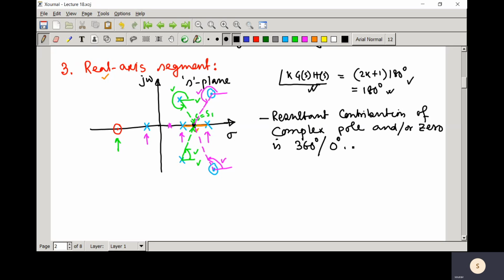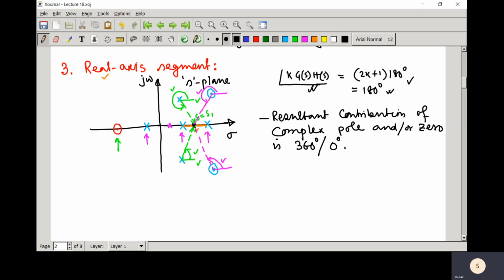So that means if you have complex conjugate poles or zeros, and if you take any point on the real axis, the contribution due to that complex conjugate poles and zeros would be 0 degree.